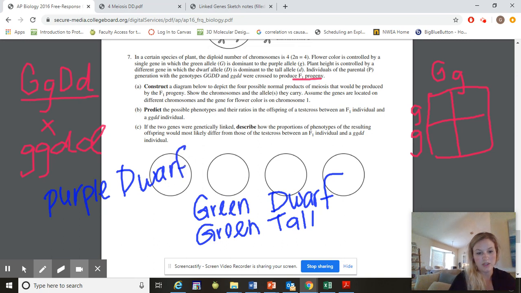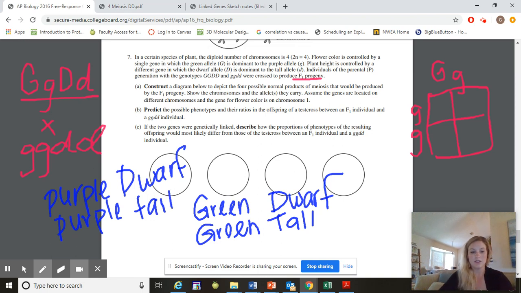And they can also be purple and tall. Okay, so we're going to figure out how many fall into each of these categories.